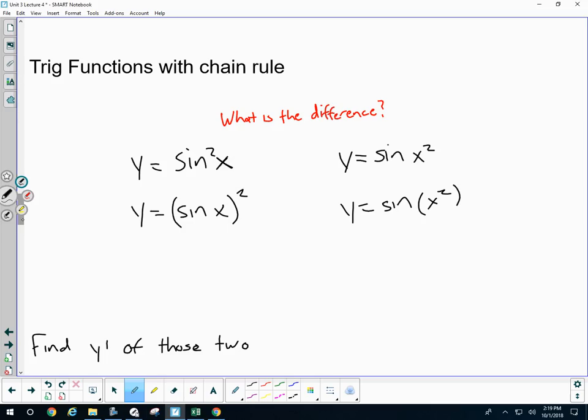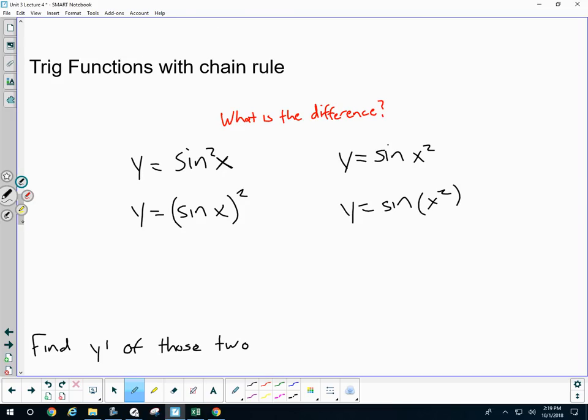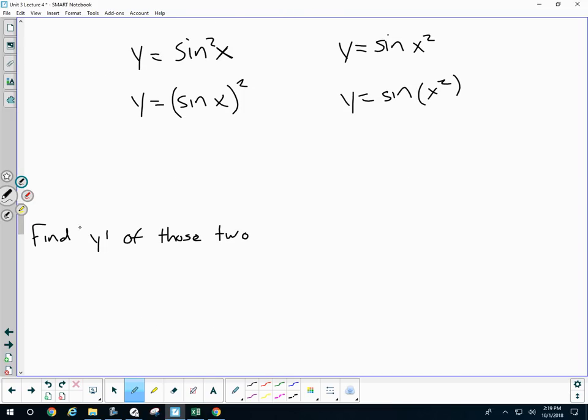Now, if I were to take the derivatives of both of these, we would need to understand how the outsides and the insides differ. For the guy on the left, the outside is what we've kind of been used to so far. It's the stuff being squared. Whereas the inside is the sine function.